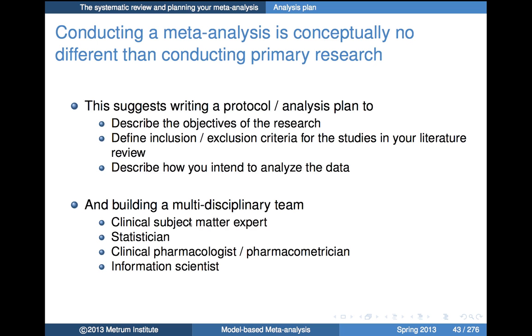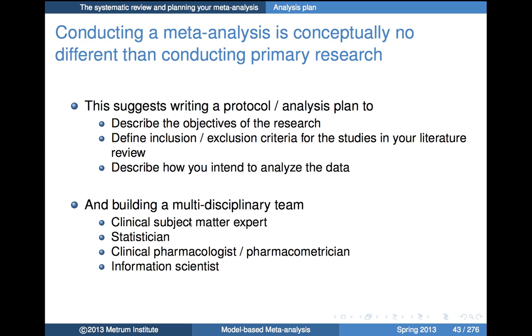You can see the parallels with running a clinical trial, in the sense that when we run a clinical trial, we always define the objectives of the clinical trial. We set out the inclusion-exclusion criteria for patients within that clinical trial, and then we talk about how we're going to analyze and summarize the data.